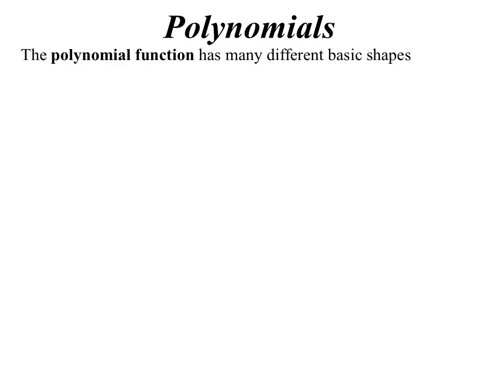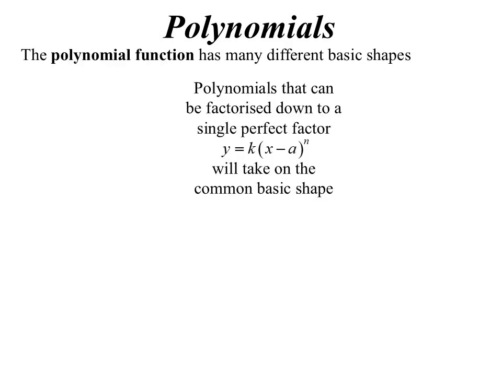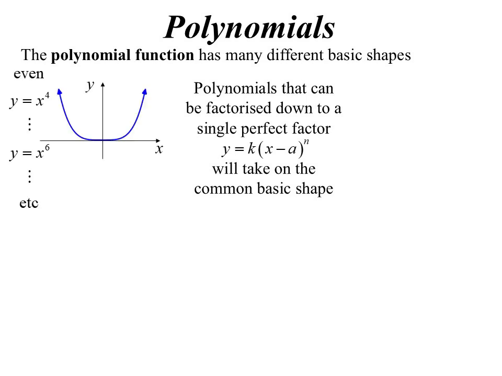Alright, what about polynomials in general now? I mean, we could keep going up in the powers and the powers. And obviously, the more powers we have, the more possible different shapes we could get. But let's look at these ones, the ones that can be factorized down to be perfect, so some linear function to a power. It's either going to take on this sort of shape, a U shape.